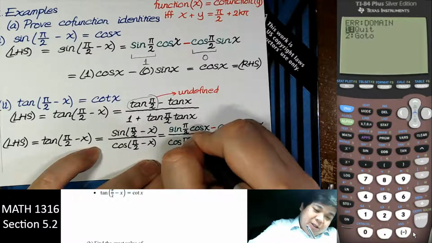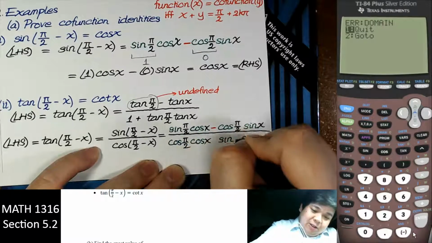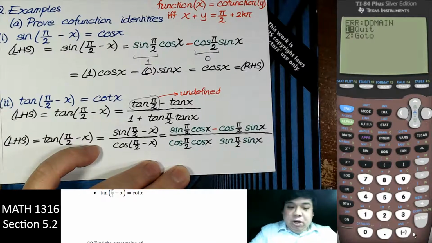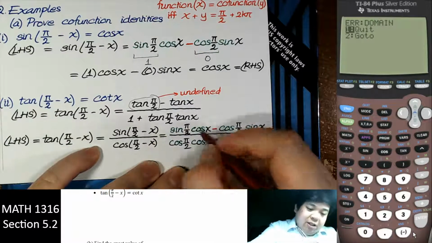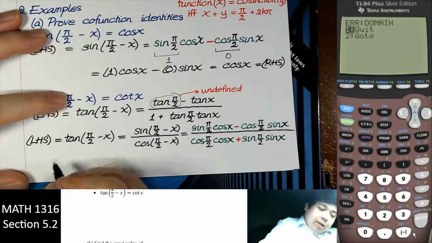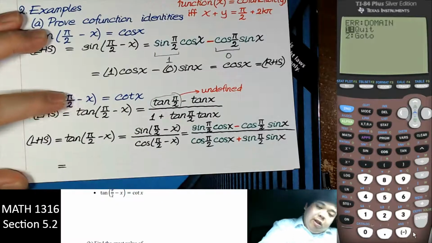And then the angles. The signs in the middle are opposite. Right, so we have that.